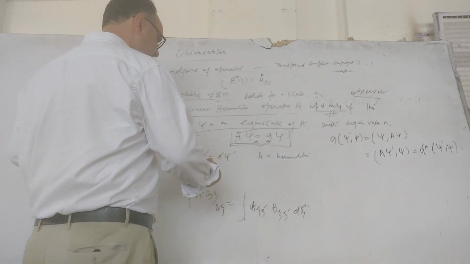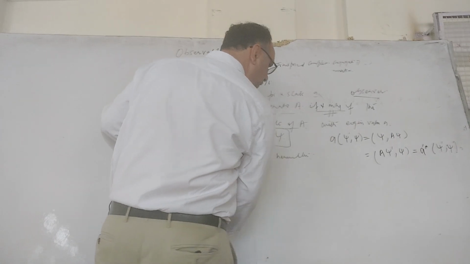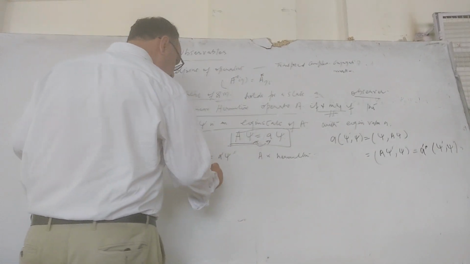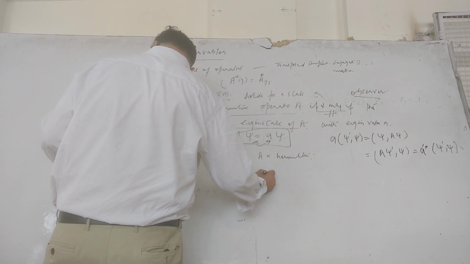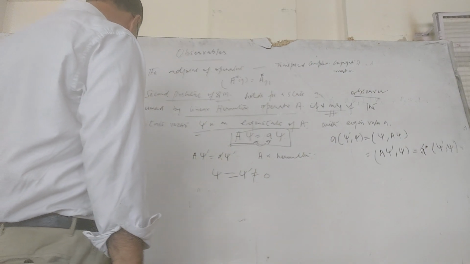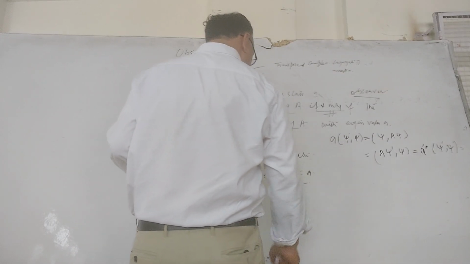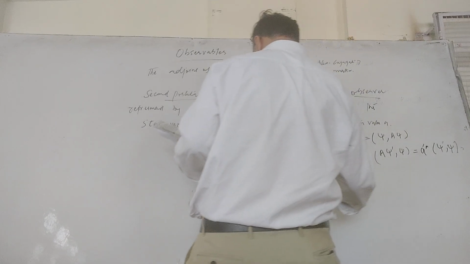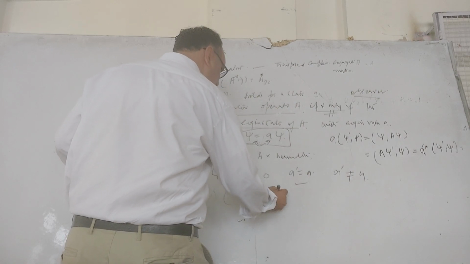Provided that the inner product of psi with psi is not equal to 0, this is one condition, and a prime is equivalent to a. And for a prime not equal to a, the inner product of psi with psi prime is 0.